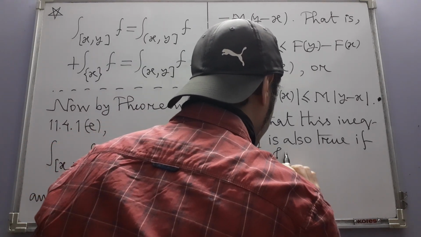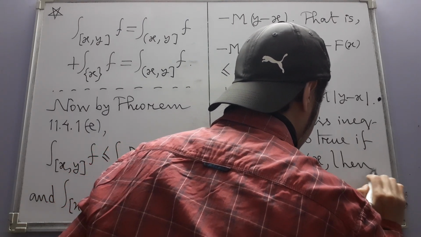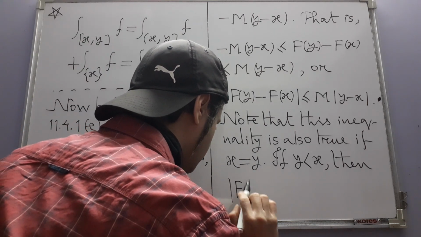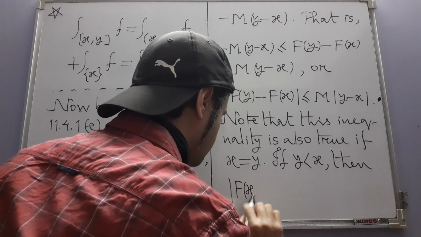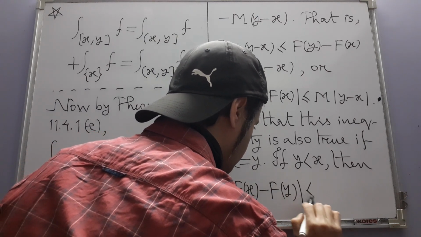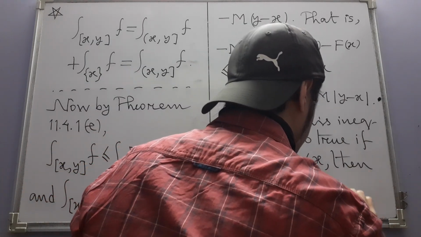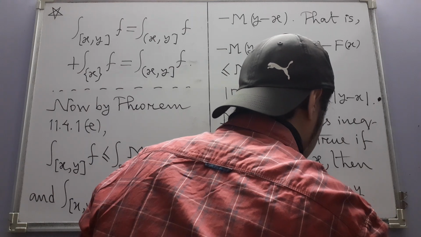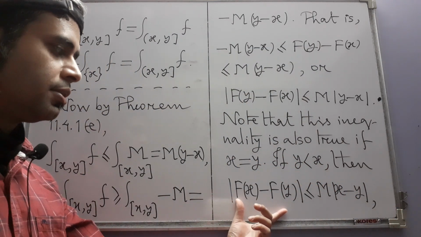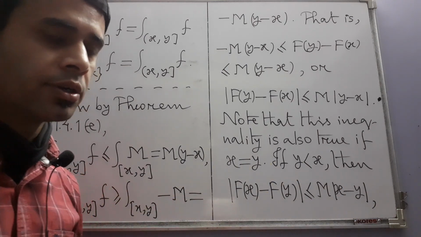If, however, y is less than x, then we similarly have this. So that was y minus x, this is x minus y. But you can of course write f of y minus f of x here and y minus x there because there is the absolute value function.